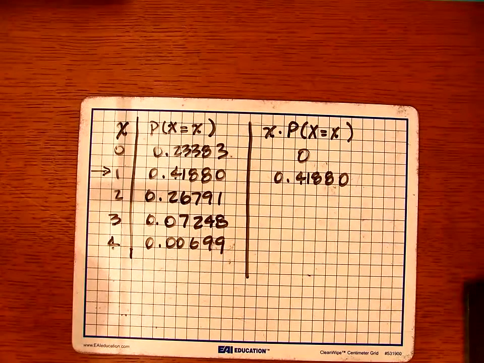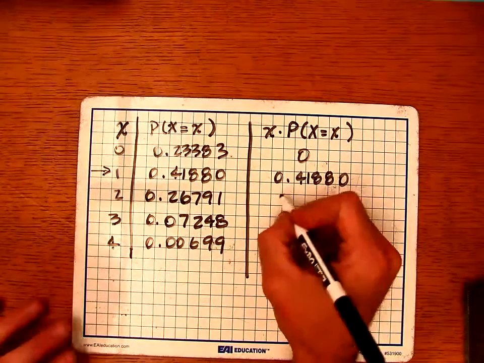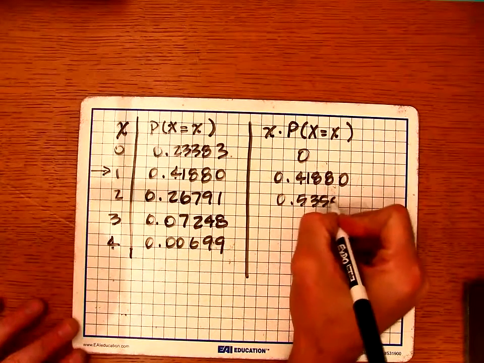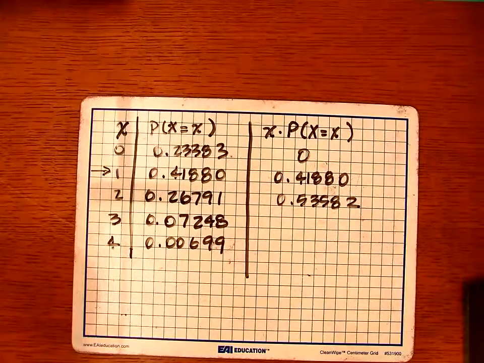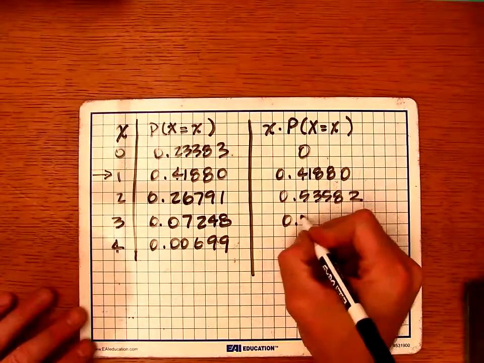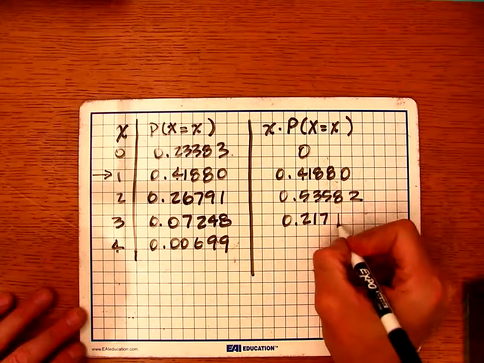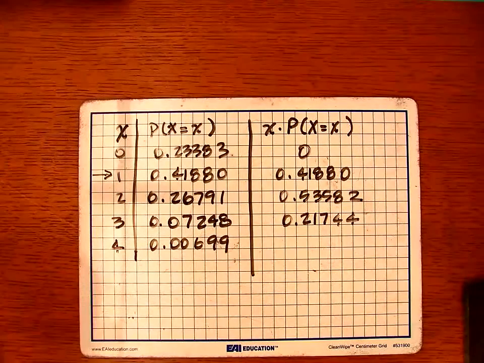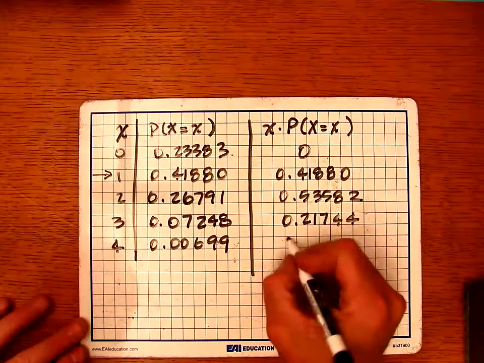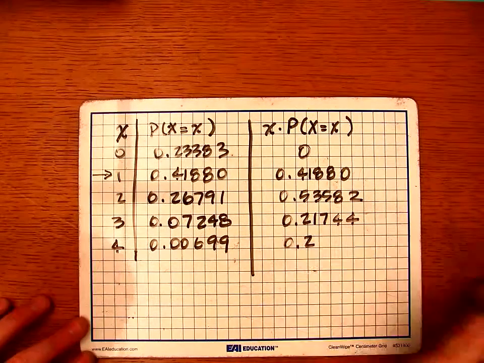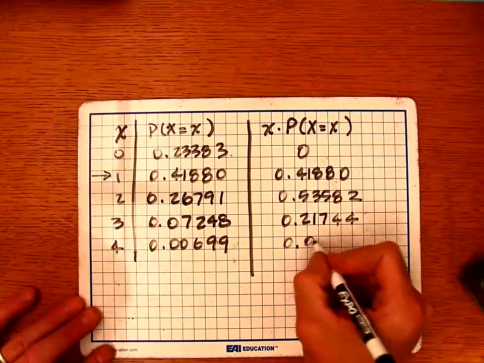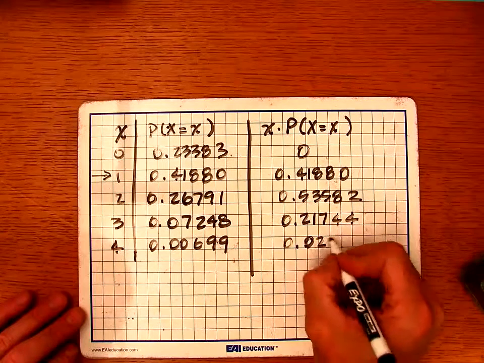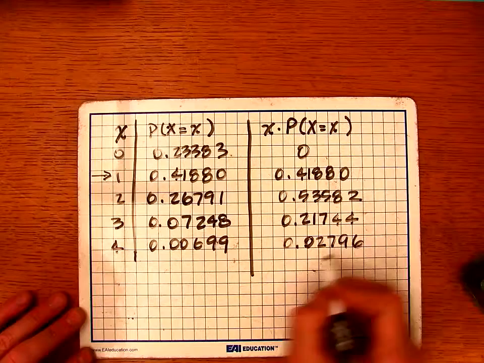We get 2 times 0.26791, so 0.53582 here. 3 times 0.07248, so 0.21744. 4 times 0.00699, so it would be 0.02796.